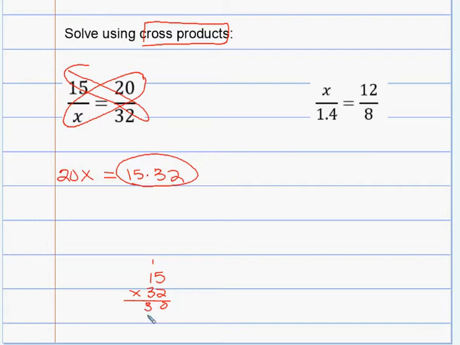30, and then 15, carry the 1, 3, 4, add it up, 480. So I now have 20 times x equals 480, and then at this point you divide by whatever's here. So divide 480 by 20.